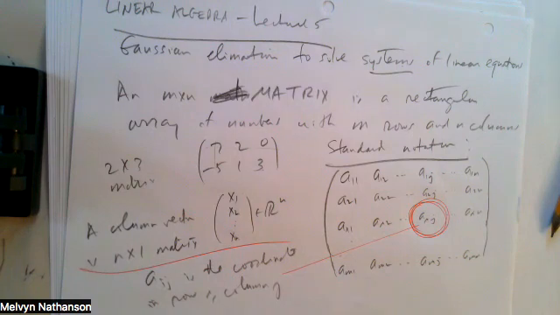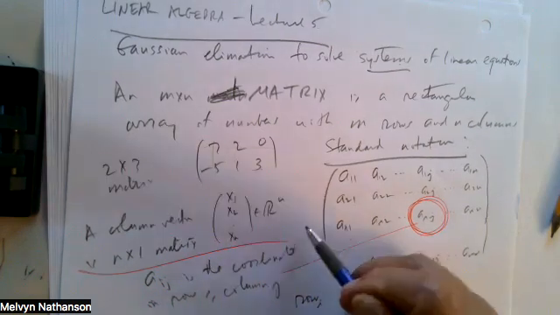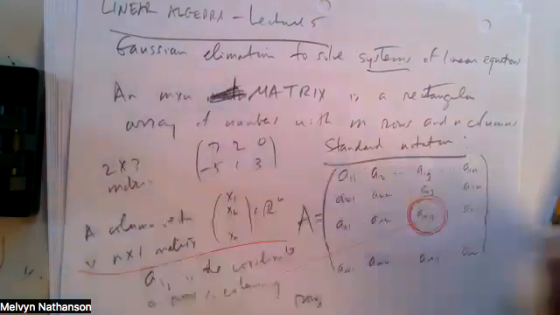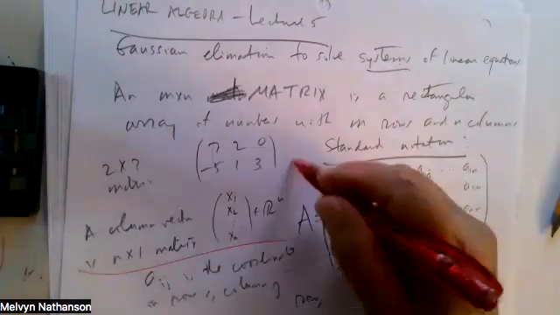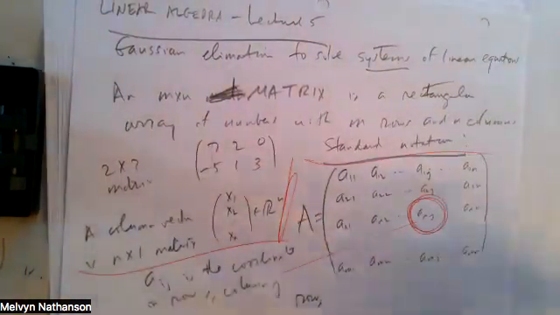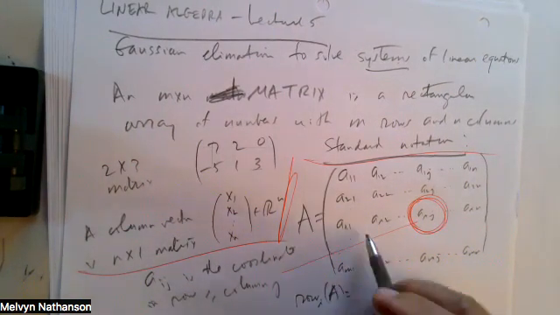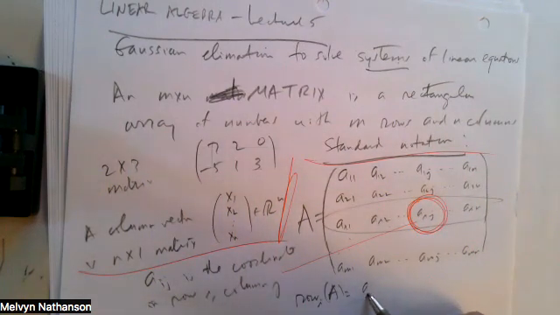Let's call this matrix capital A. The ith row of the matrix A is Ai1, Ai2, up to Ain.